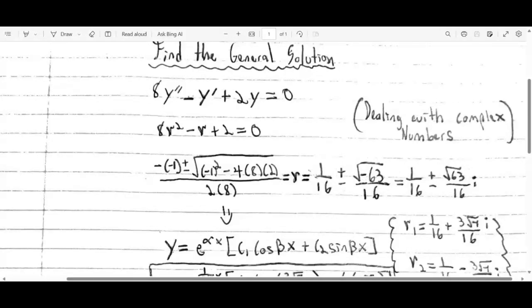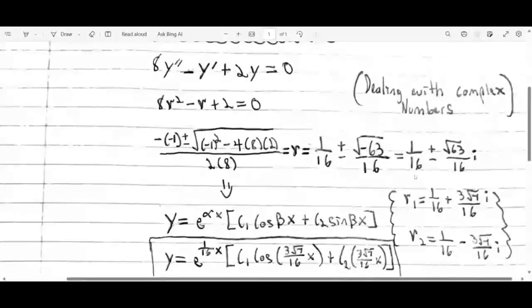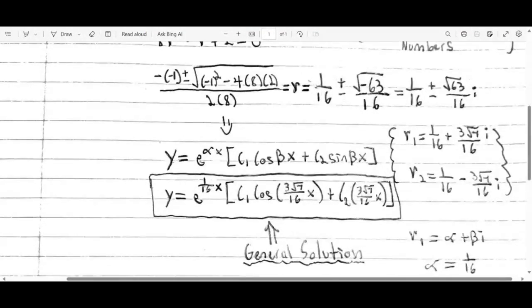It's just the square root of 63 times the square root of negative 1, and the square root of negative 1 is defined as i. So the output is 1 over 16 plus or minus the square root of 63 over 16 times i. And having this as our output, we're going to define r1 as the positive.